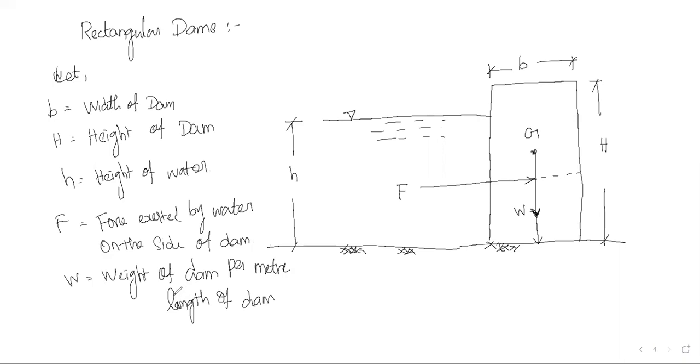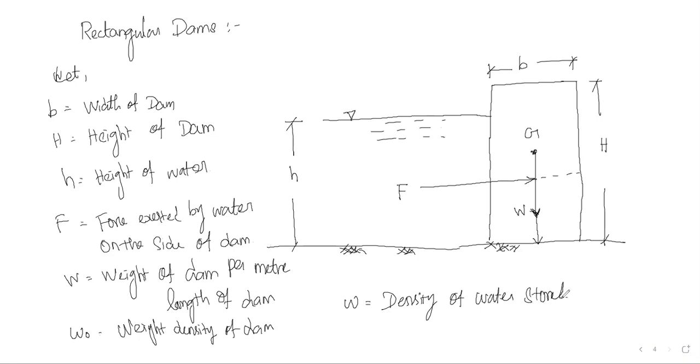Next, W naught is equal to weight density of dam. Another one, small w is equal to density of water or density of liquid stored. So this is the thing we can have with respect to this.